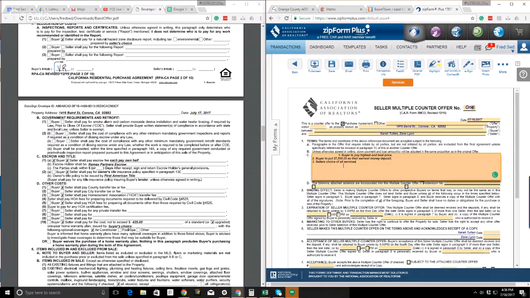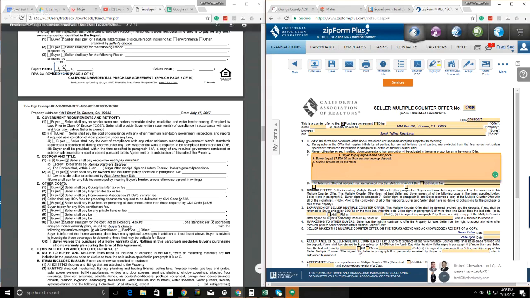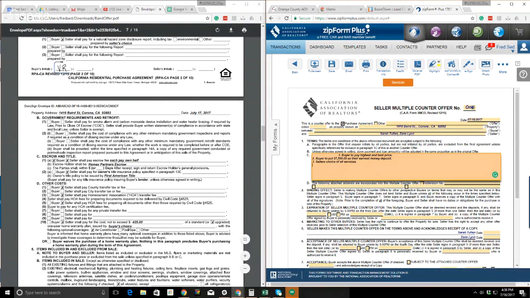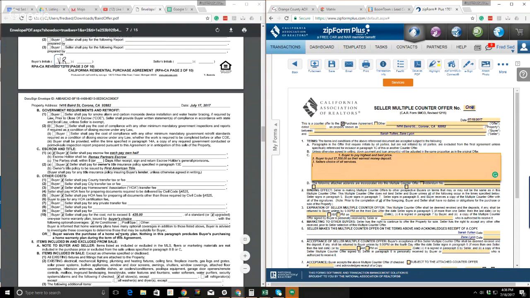For some reason my computer's got a lag time. Cool. So services I got covered. Seller's choice of escrow and title is the cleanest thing to do. Nothing out of the ordinary. Otherwise on this page you can leave it in there.